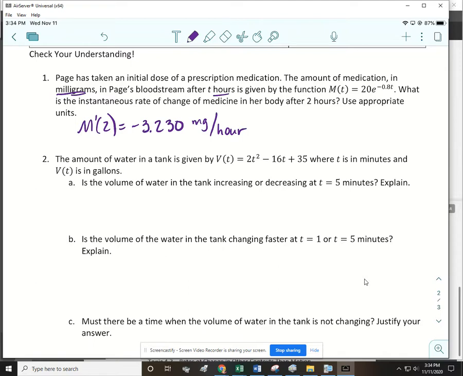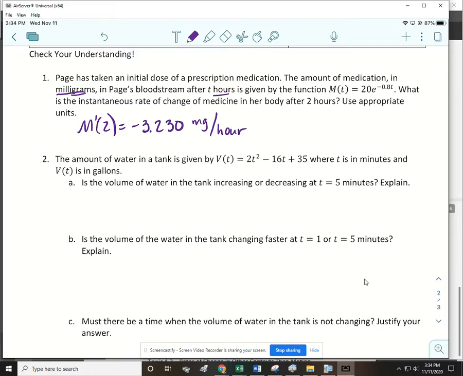It doesn't tell us to do this, but I'll just do it out loud. If we wanted to explain the meaning, we would say at T equals 2 hours, the amount of medication in Paige's bloodstream is decreasing at a rate of 3.230 milligrams per hour.